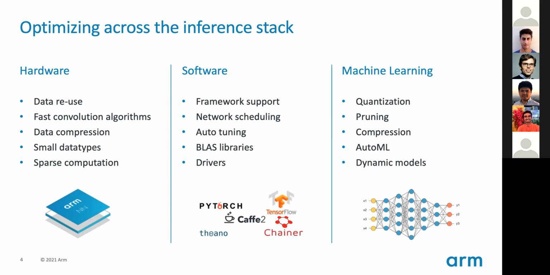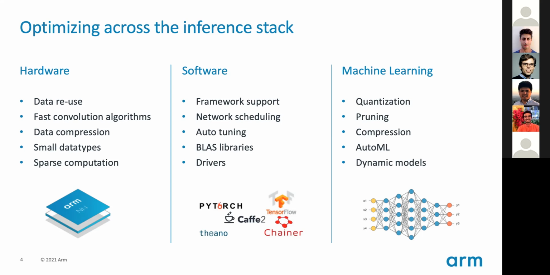And I tend to think about inference optimization across at least these three layers: hardware, software, and machine learning. You're probably familiar with a lot of this stuff. In terms of hardware, we can do a lot in terms of the microarchitecture of CPUs, GPUs, and NPUs, the latest thing.